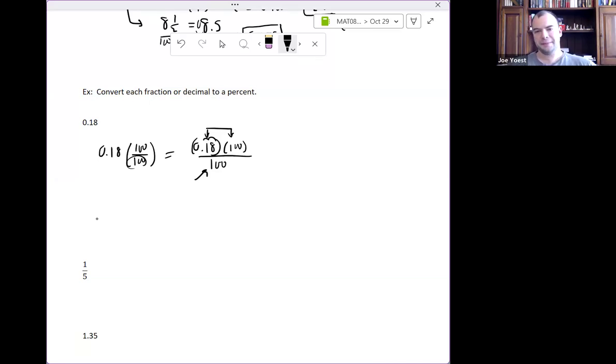Multiplying moves it 2 to the right. So this is 18 divided by 100. I have a 100 in the denominator. I can basically just exchange that for a percent sign. So what do I have? 18%. 18 per 100, or 18 over 100.